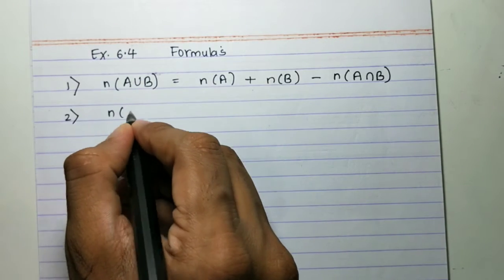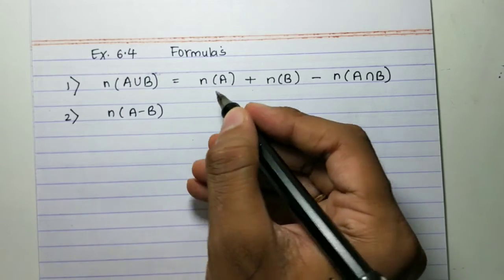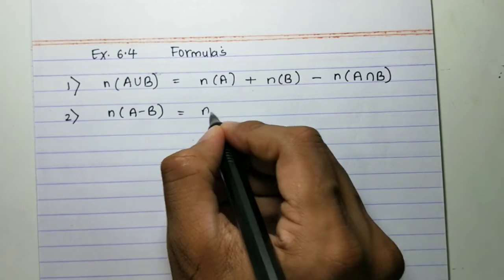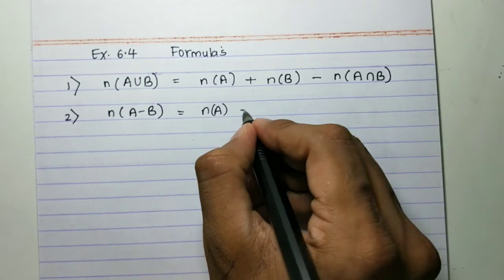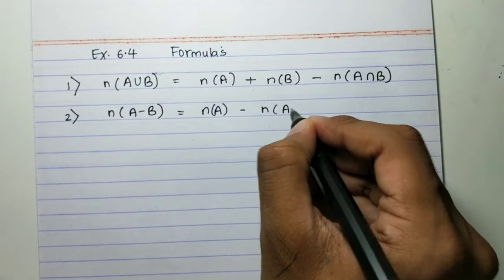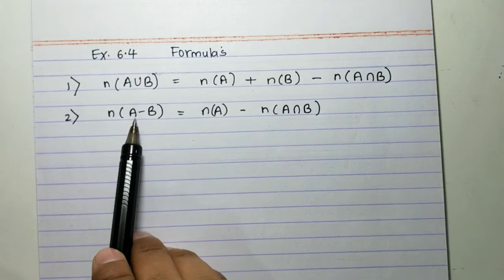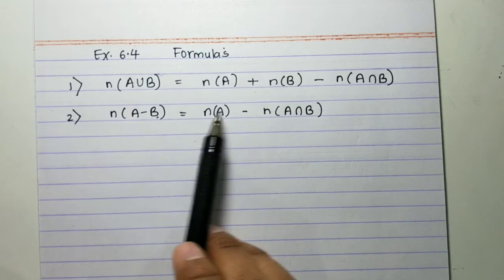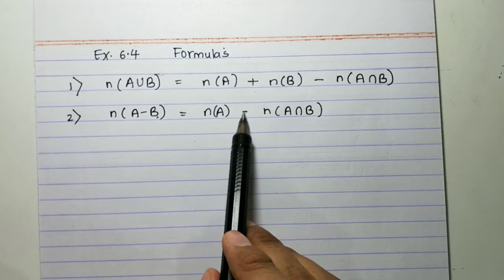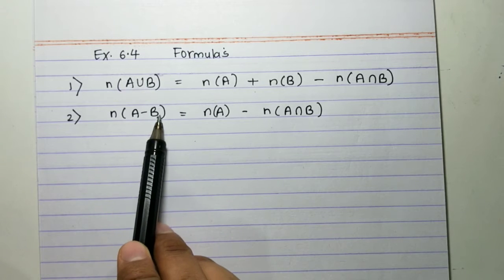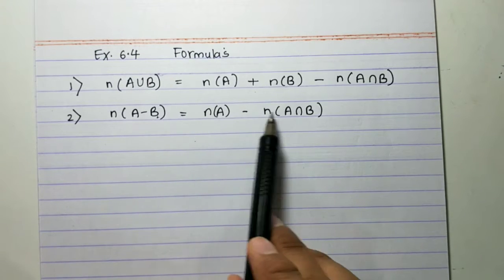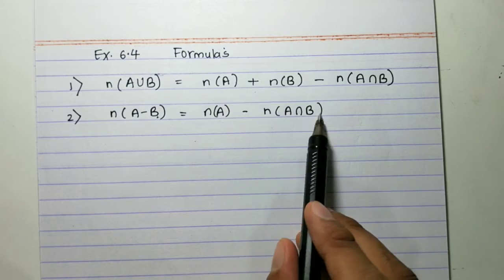Second, number of A minus B equals number of A minus number of A intersection B. Means if you want to find A minus B, from A you subtract what is common between A and B. So from A, you are subtracting A intersection B.